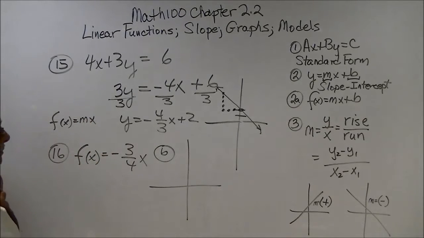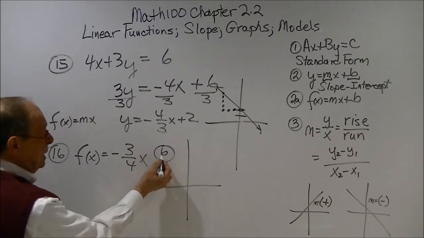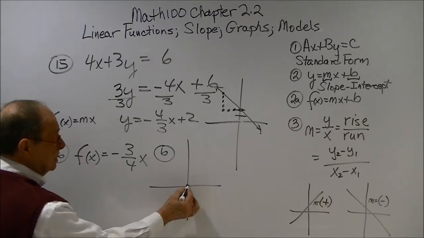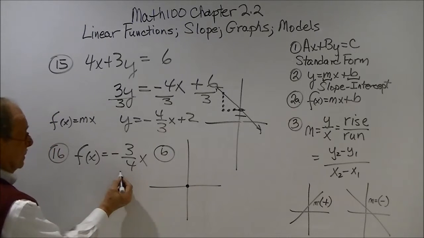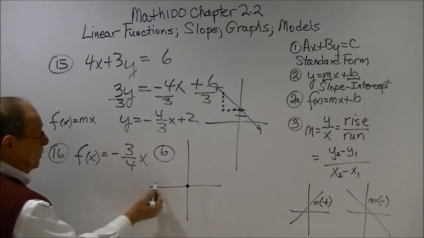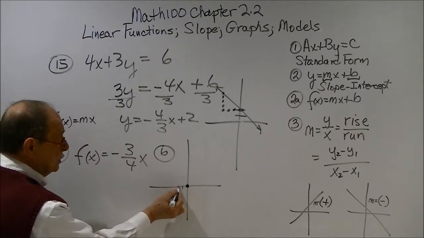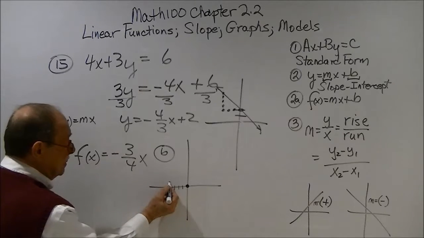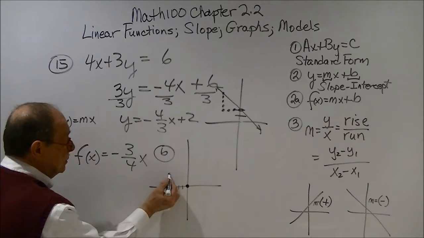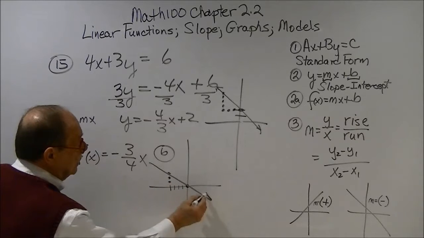So there's our graph. B is the origin. There isn't one. And then our slope is a negative 3/4. 1, 2, 3, 4. To the left, 3 up. 1, 2, 3. And there's our graph.